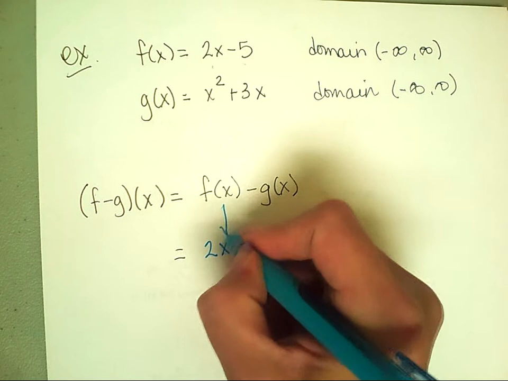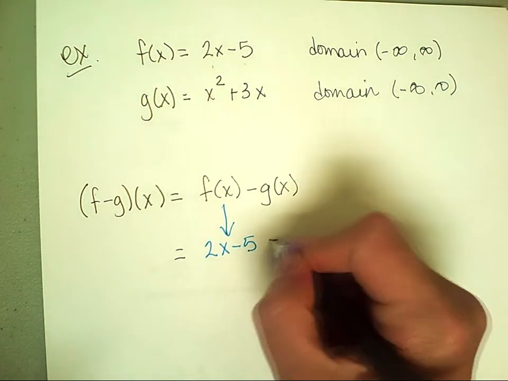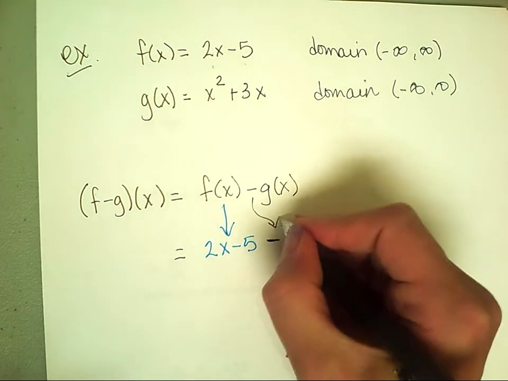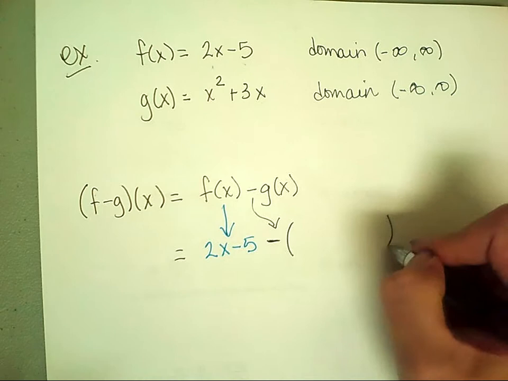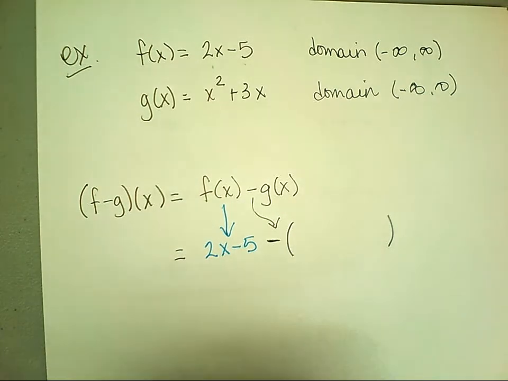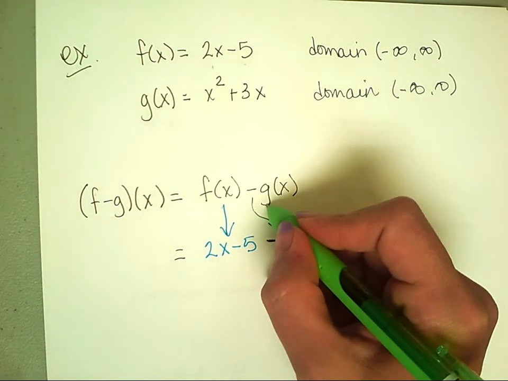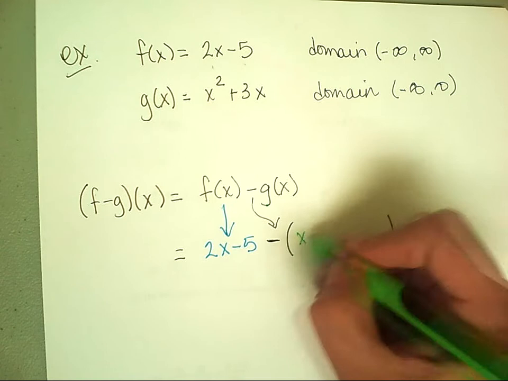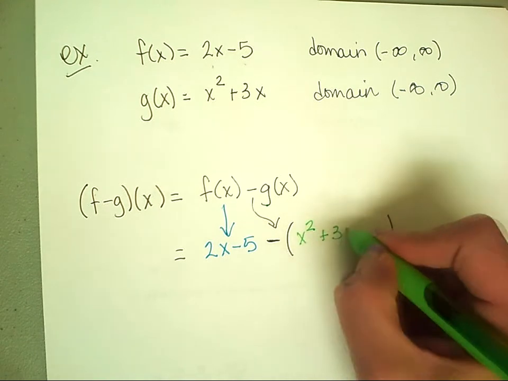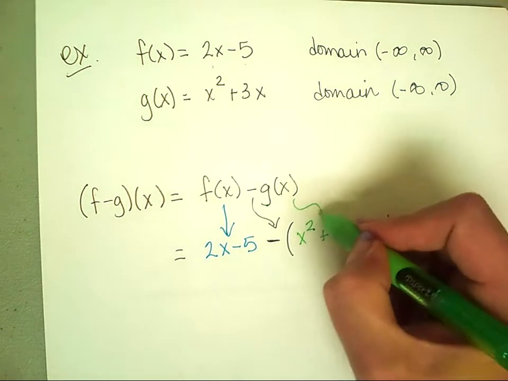This is f of x. And then we need to subtract from the formula. And then I'm going to open up parentheses because remember when you're subtracting two functions, you have to distribute. And g of x is x squared plus 3x. Okay, so this is g.